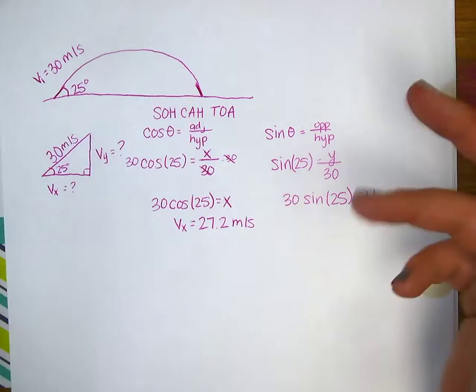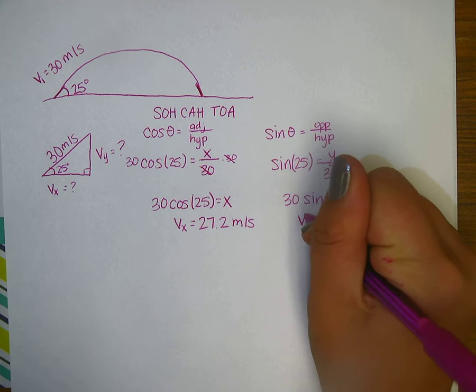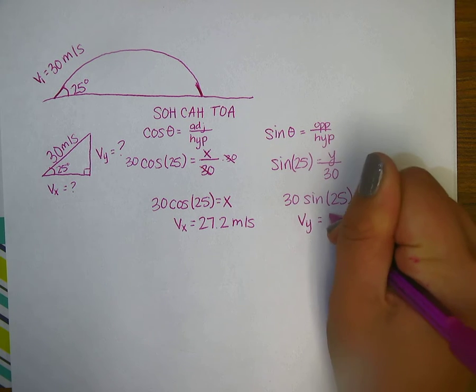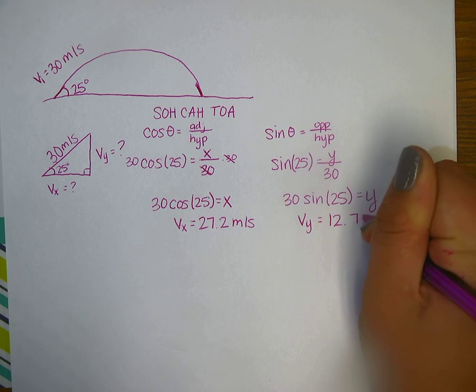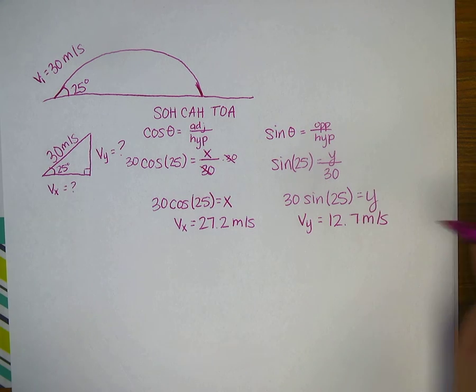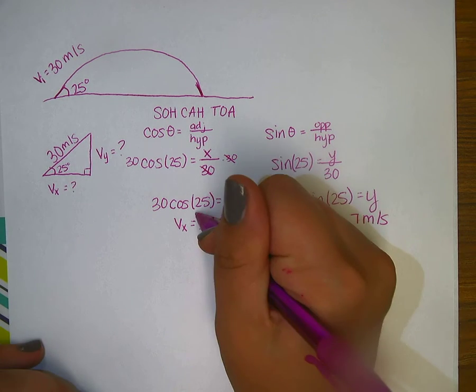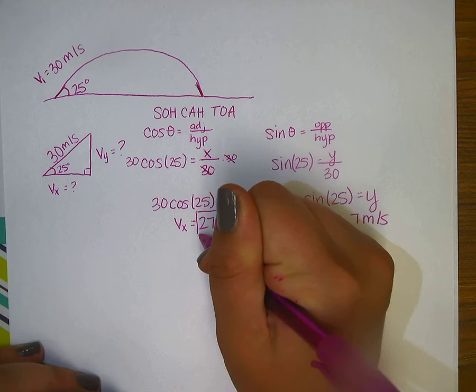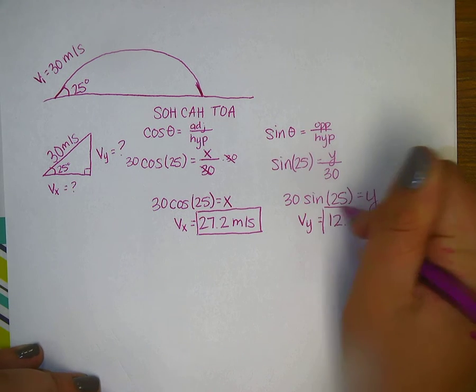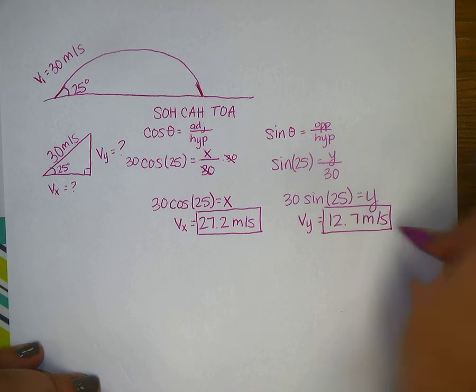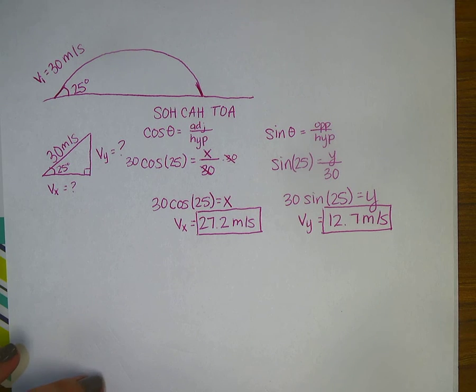And we should get 12.7. So your y velocity is 12.7 meters per second. Now our problem asks for horizontal component of velocity, which is here, and vertical component of velocity, which is here. So those are your first two answers for this problem.